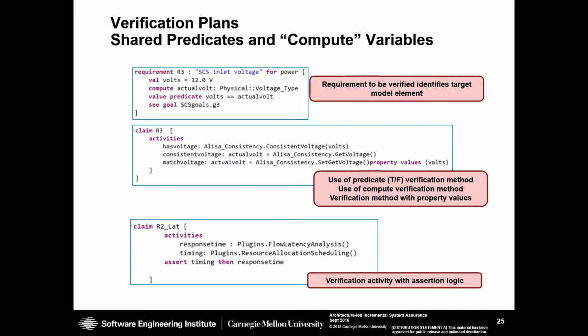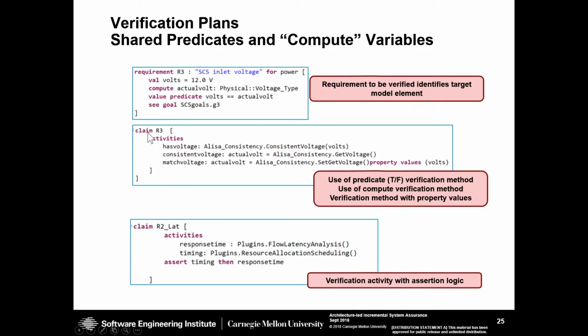The issue, though, is if you have written 5 different ways of verifying the same thing, you need to make sure that the predicate is correctly specified in all 5 of those implementations. Whether you compare less than 50 or less than or equal to 50 or change the value, those kinds of things need to be done consistently. By pulling the predicate into the requirement, we have effectively a shared predicate that gets automatically applied. So this is what we are showing here.